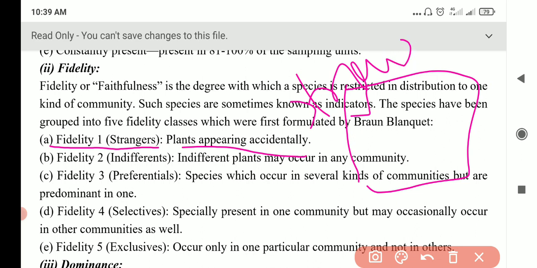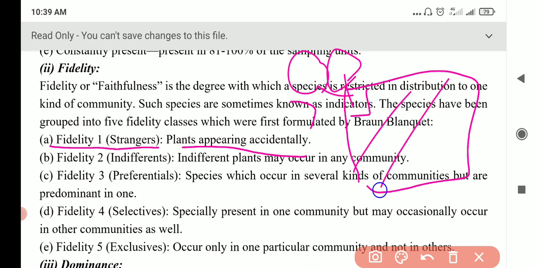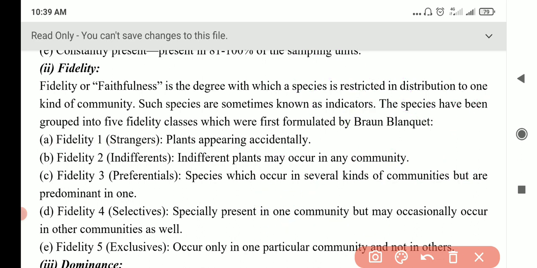Maybe somebody ate a strawberry seed and it suddenly appeared. One strawberry plant appeared. It doesn't mean that in this grassland community strawberries belong. So these are stranger plants, meaning by mistake somebody ate a strawberry seed.